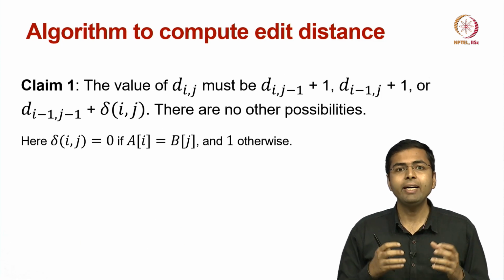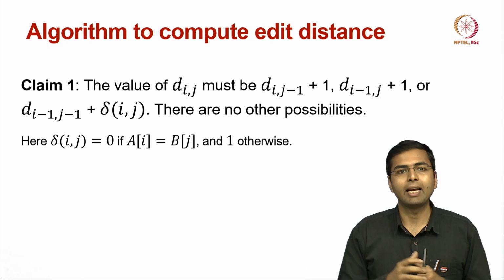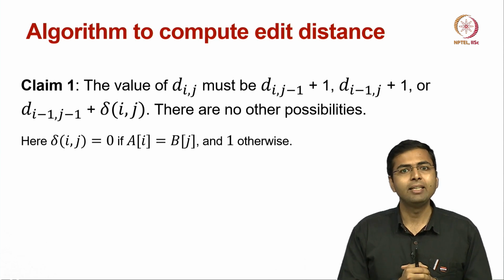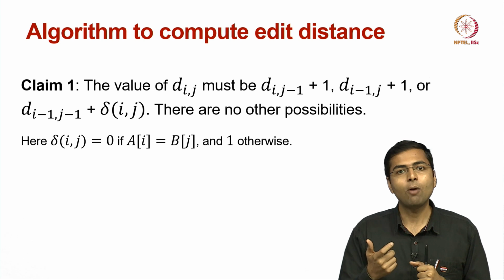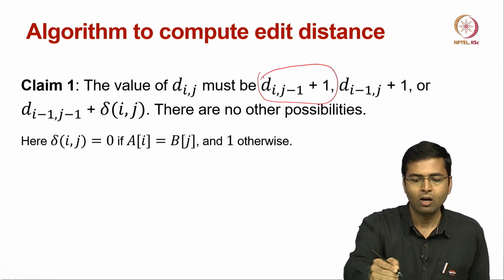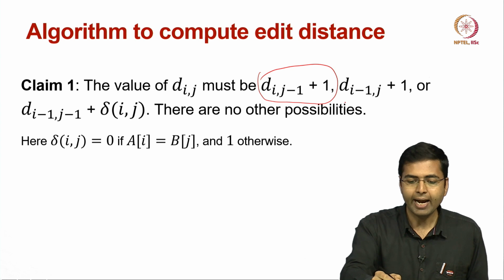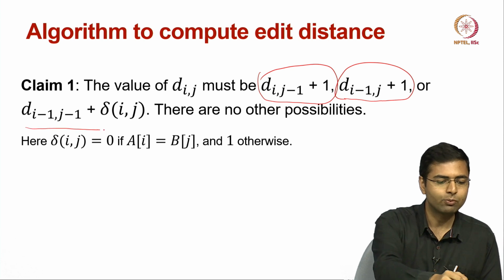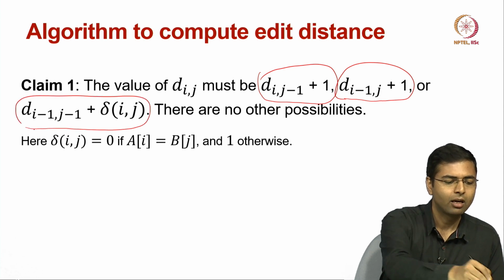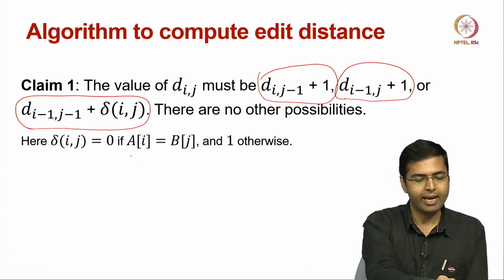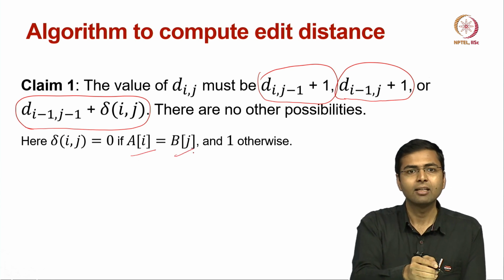So, for solving d(i, j), I will make the following claim: the value of d(i, j) must be d(i, j-1) + 1, or d(i-1, j) + 1, or d(i-1, j-1) + delta(i, j), where delta(i, j) is defined based on whether the character a_i is matching with b_j.